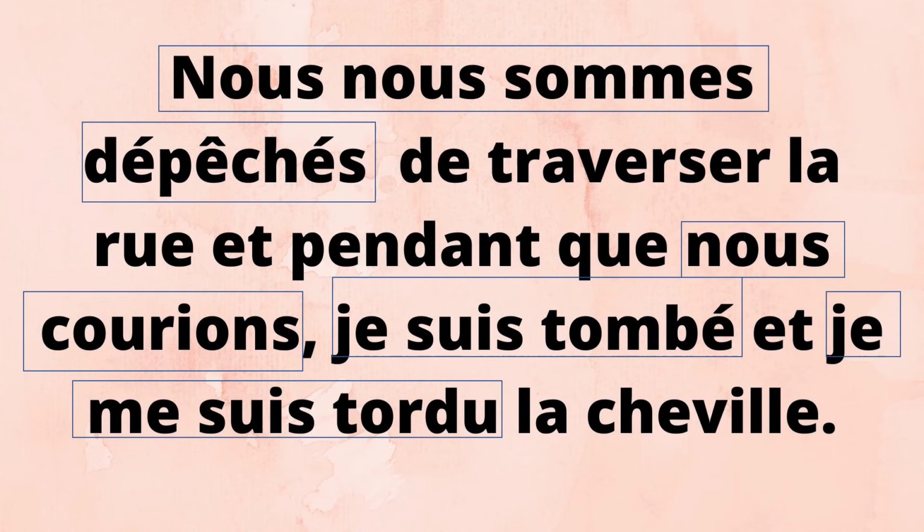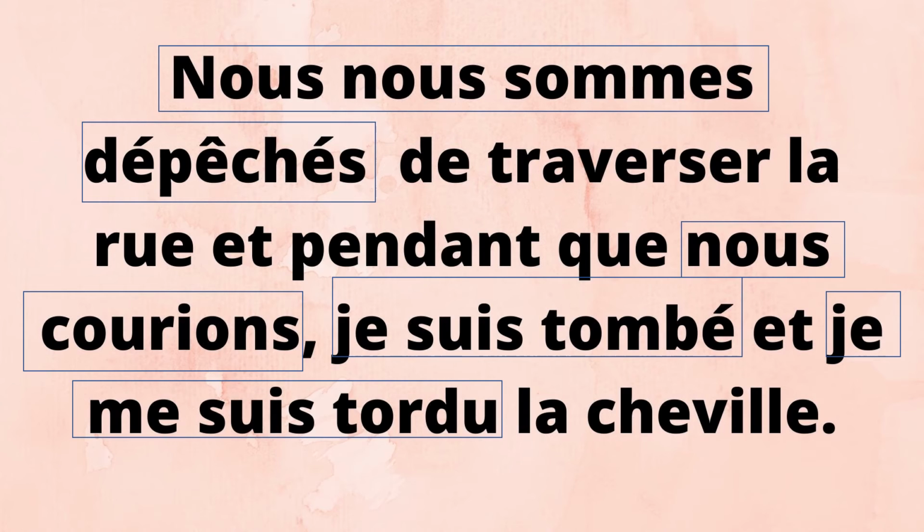So the je here is masculine, so we don't add anything to tomber. It's also singular, so we don't add anything to tomber. If je was referring to a female, then we had to add another e to tombé.